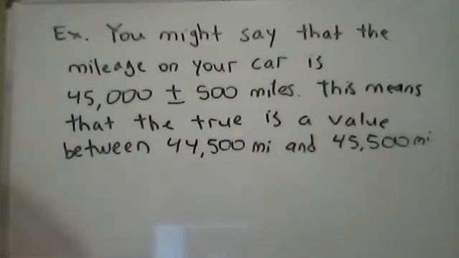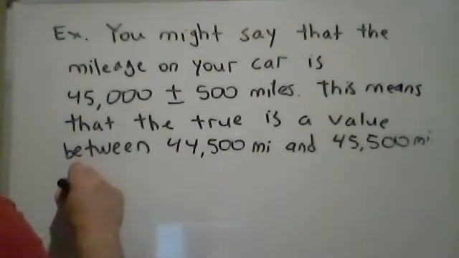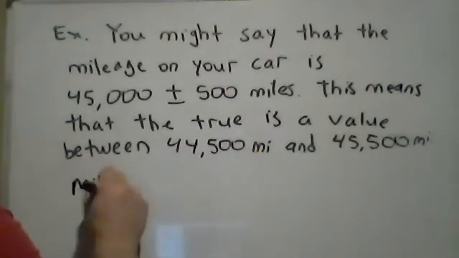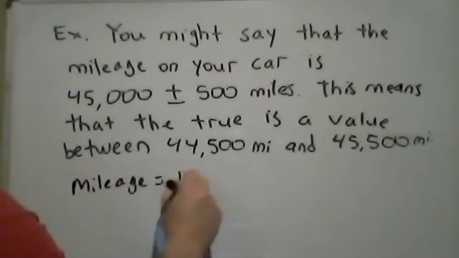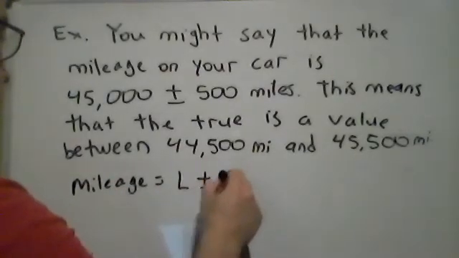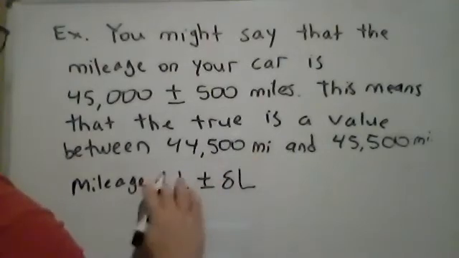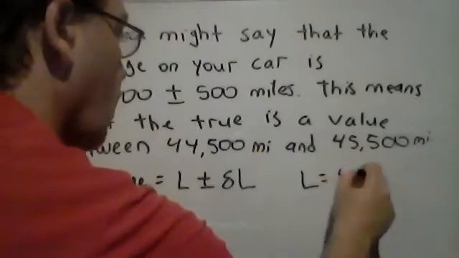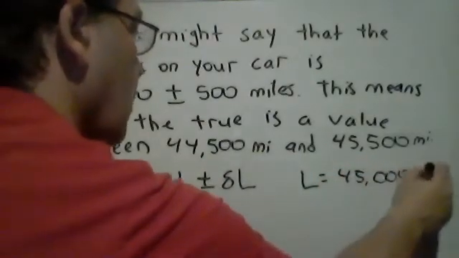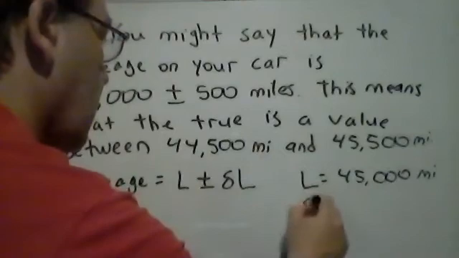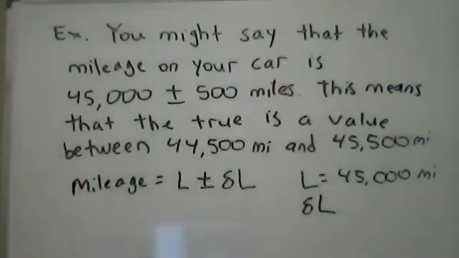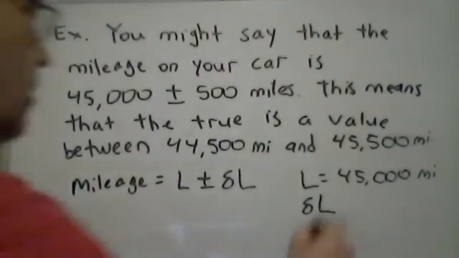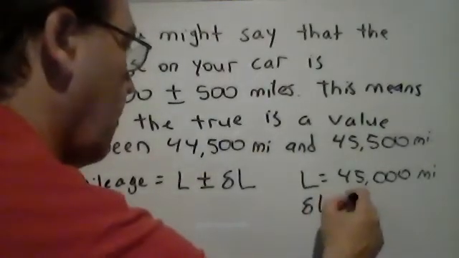Okay, that's my uncertainty. So I would write something like this: my mileage is L plus or minus little delta L, where L is 45,000 miles. And my uncertainty in my measurement, I'm just calling the mileage L, is going to equal 500 miles.